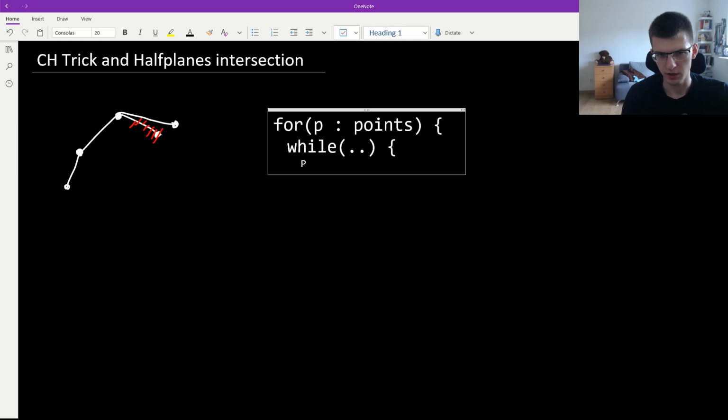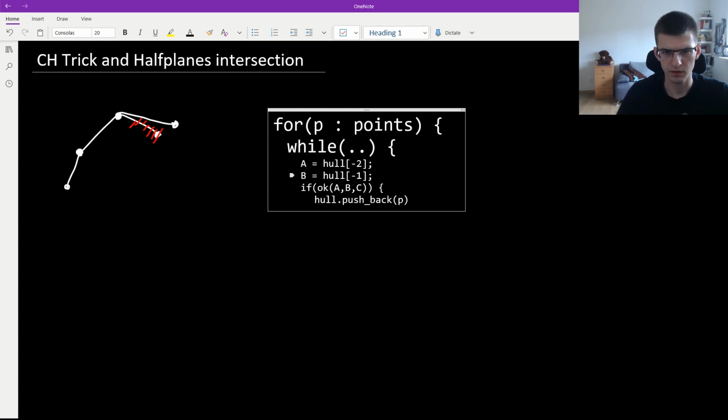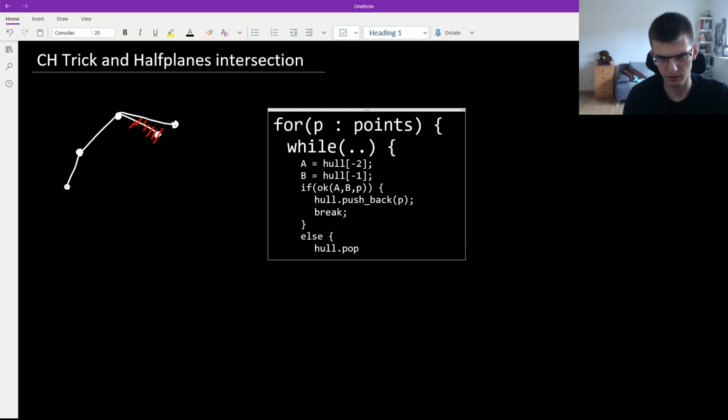What do we have? A is hull of second last element, B is hull of last element. If ok of A, B, C, then I will increase the font size in a moment. Then hull push back C, P, break, else hull pop back.